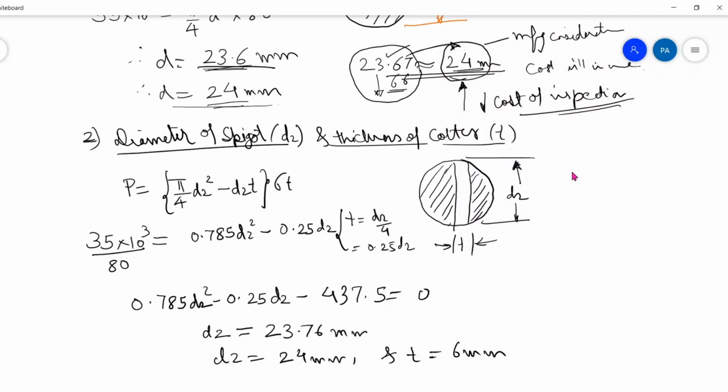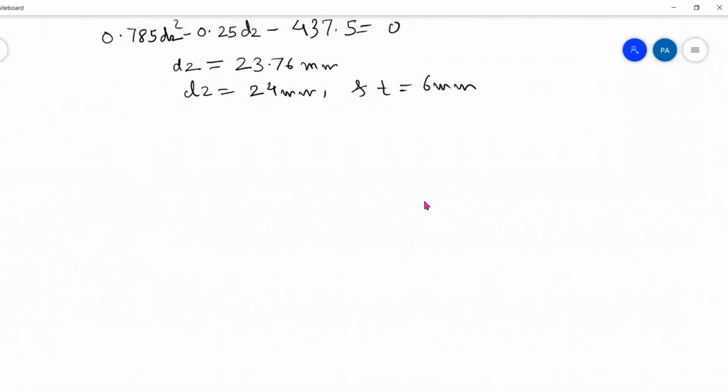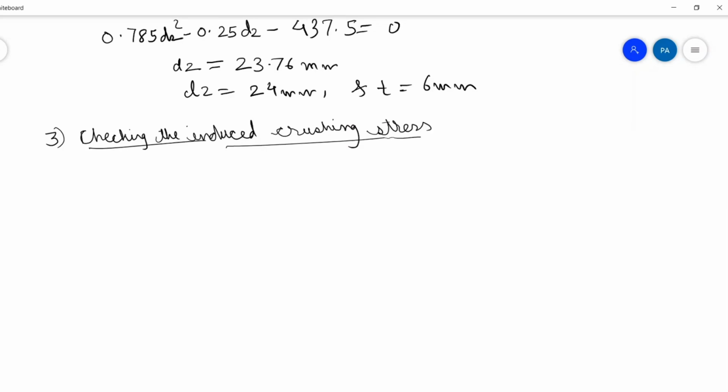We'll move on to the third step now. Third step is checking the induced crushing stress. So how will we check the induced crushing stress?